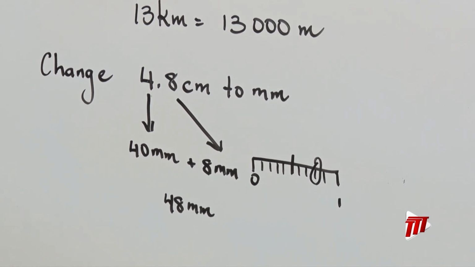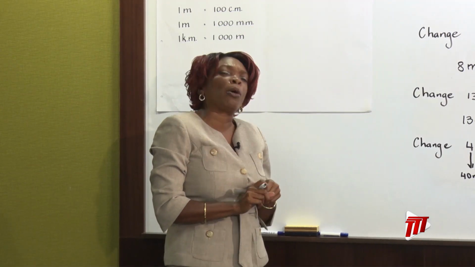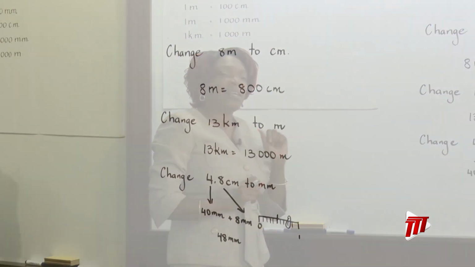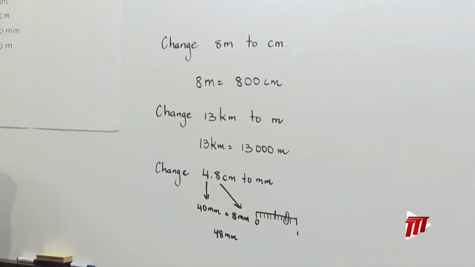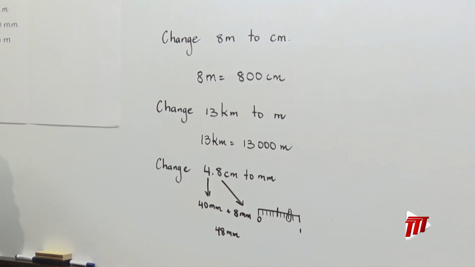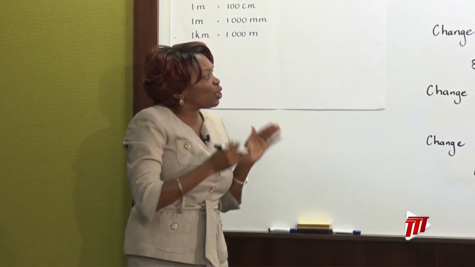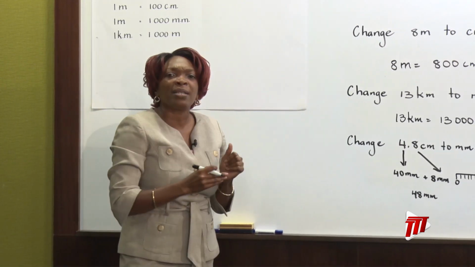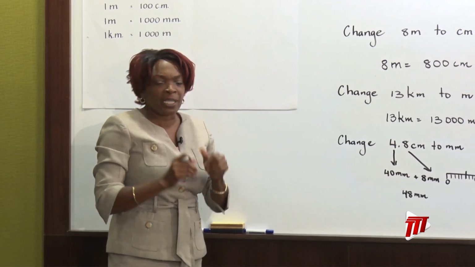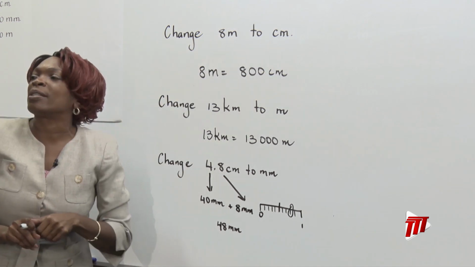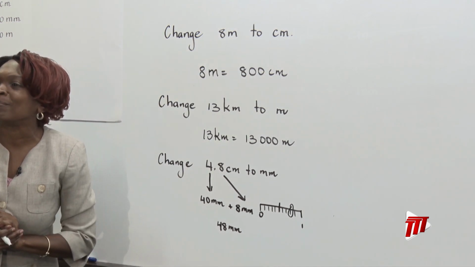Now, I want you to look at these 3 problems. What if I did not show you the conversion table? What if you did not have that to use? Could we come up with a rule to change from one unit to the next? First, look with me. Change 8 meters to centimeters. Which one is larger?